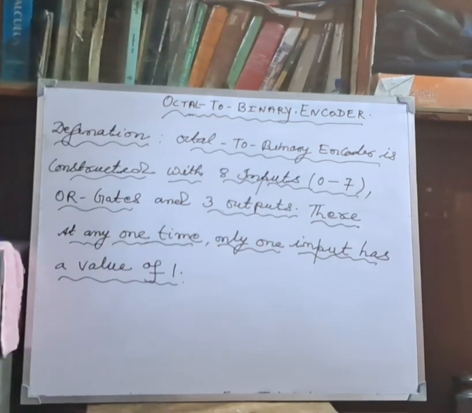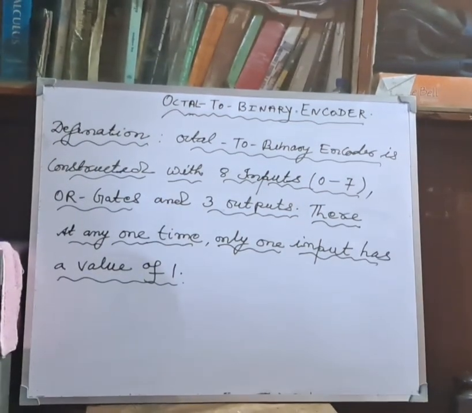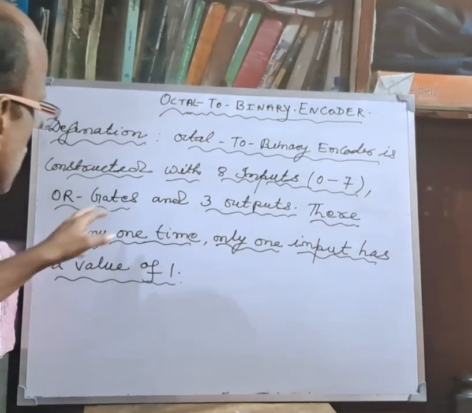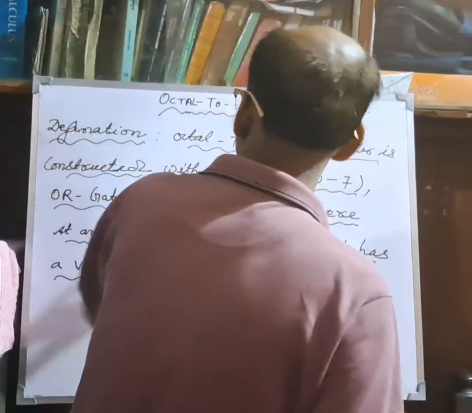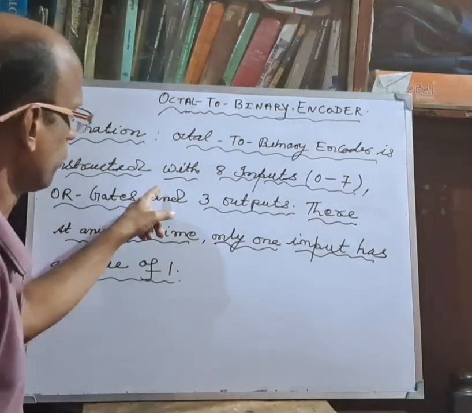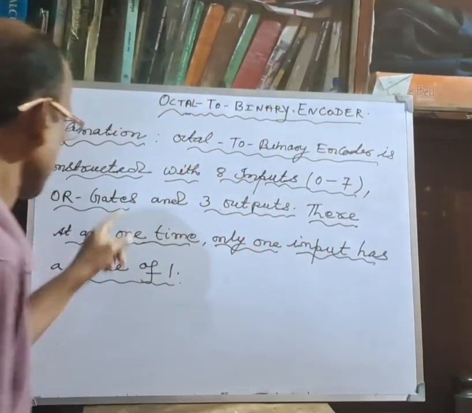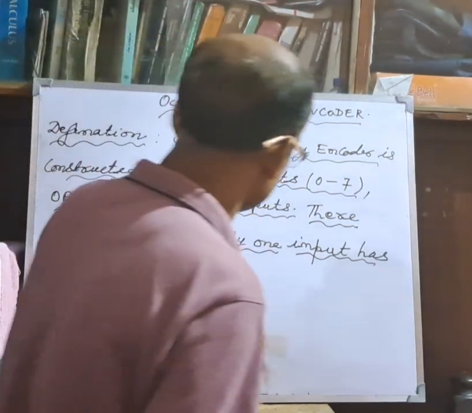Clear? So the final definition of octal to binary encoder is, you just see, octal to binary encoder is constructed with 8 input lines 0 to 7, OR gates and 3 outputs.